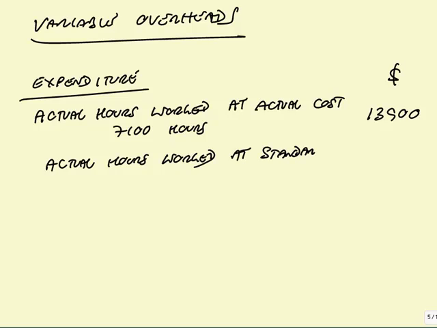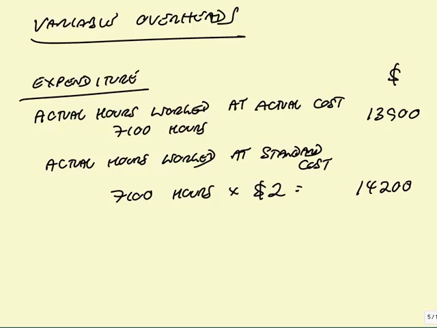And therefore, we should have spent 14,200. As I kept saying, get it the right way round, obviously. Here we should have spent 14,200. We only spent 13,900. So we've saved money. We've saved, is it 300? And I hope clearly, because we've saved money, it's favourable.